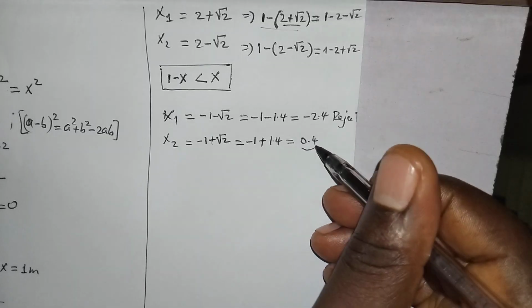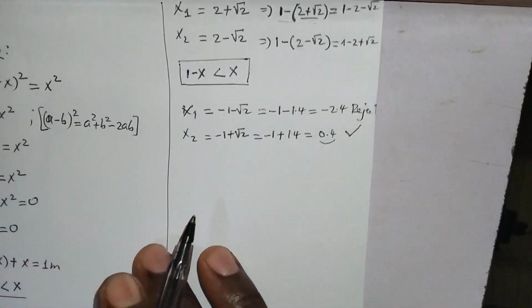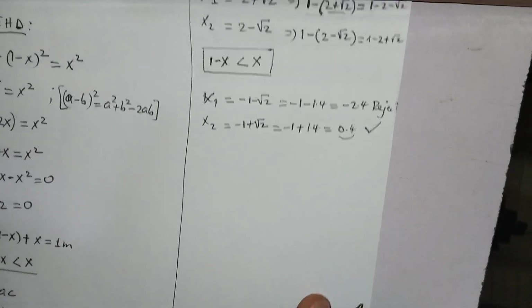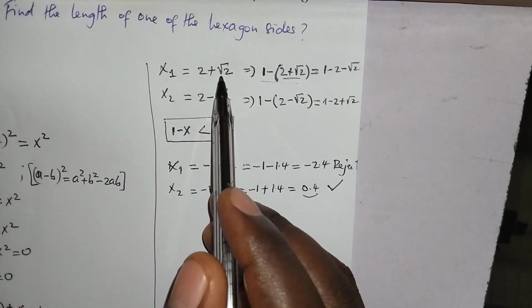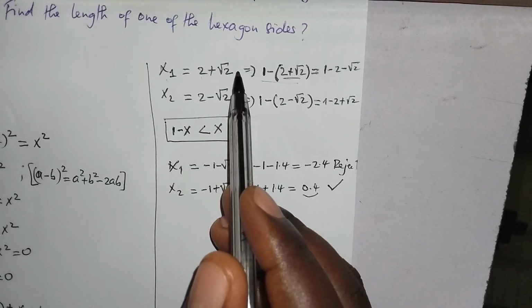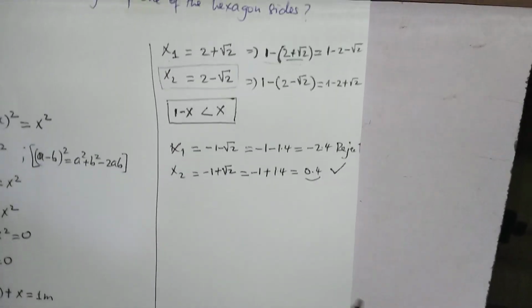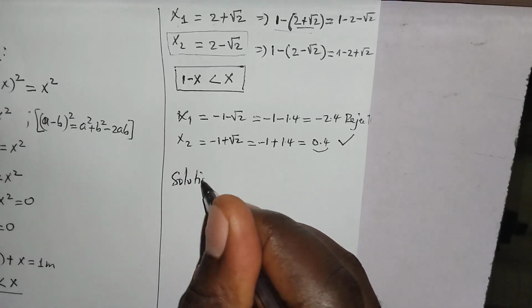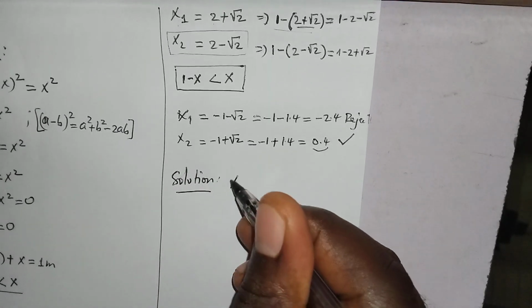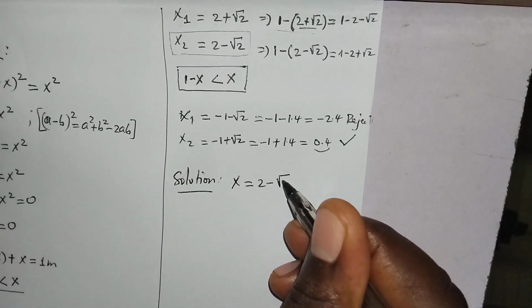This is positive. So x1, which is 2 plus square root of 2, is rejected, and we consider this x solution. We will consider x, which is equal to 2 minus square root of 2.